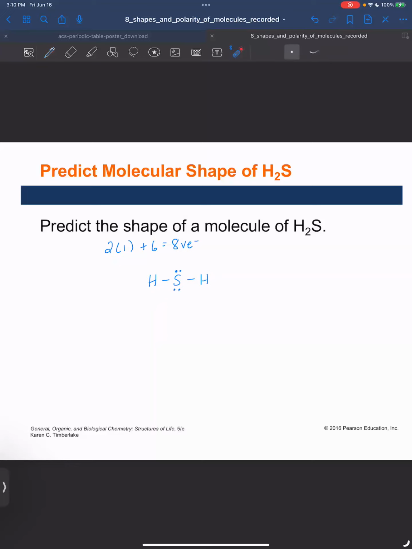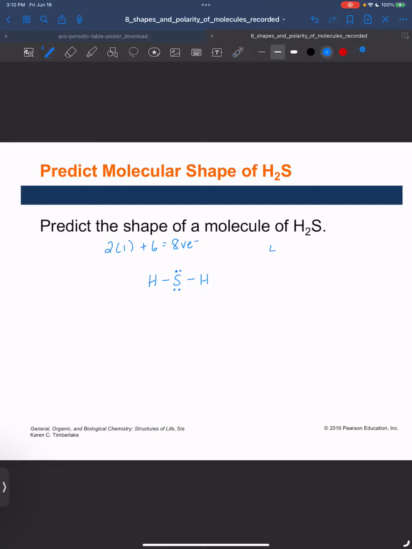And then we check to see if the central atom has an octet, and it does. So no need for a double or triple bond. Once again, hydrogen can't make double or triple bonds, so we're good to go here. So this is the Lewis structure. The next thing you're going to want to do is to determine the number of electron groups attached to the sulfur here, the central atom. So it's 1, 2, 3, 4.